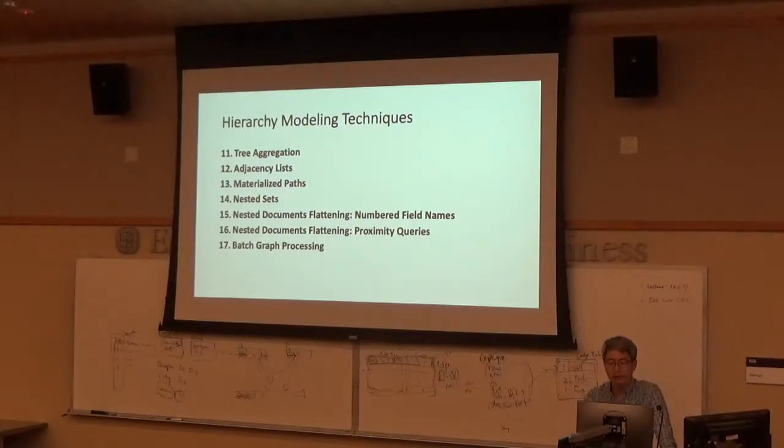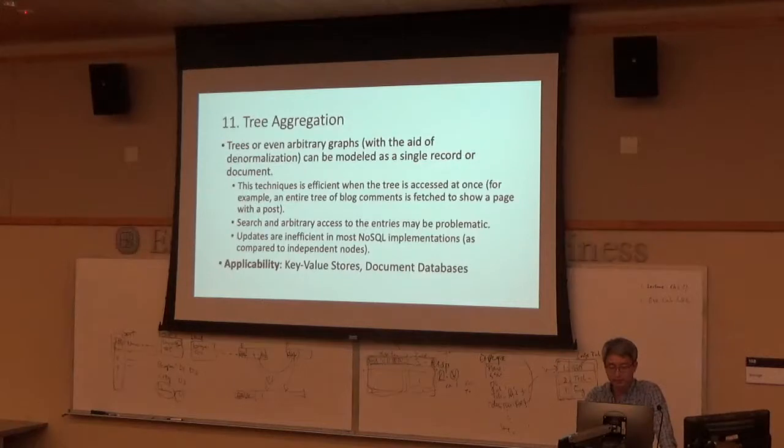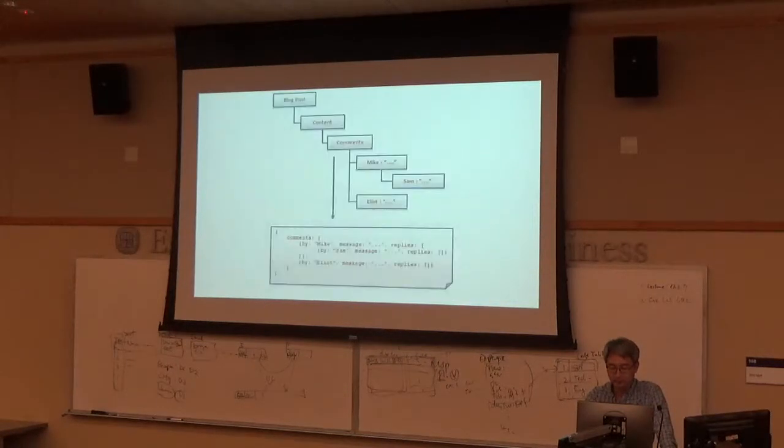And more on the modeling for the NoSQL database. Alright, we have such a tree-like data structure. We start from, I think, the web pages. So a blog has a number of contents. Each content has a number of comments.